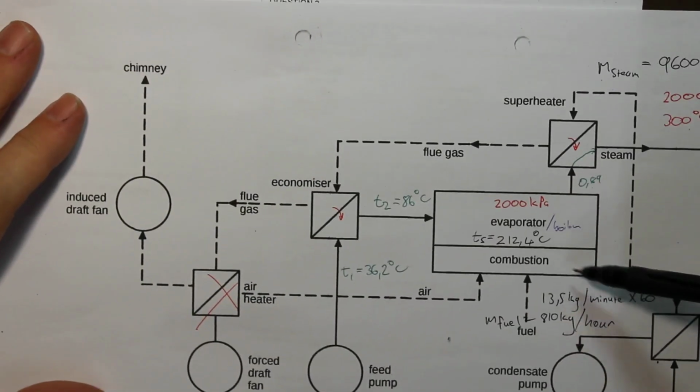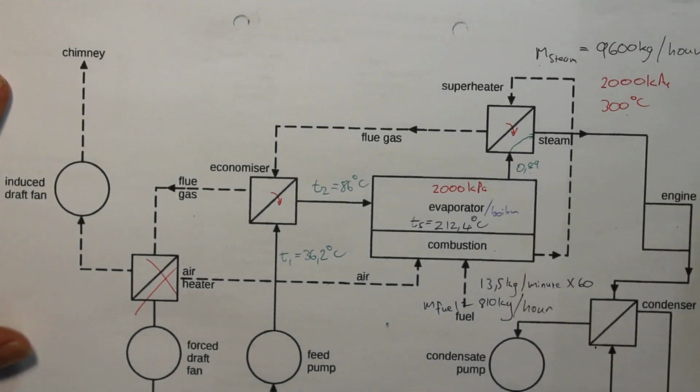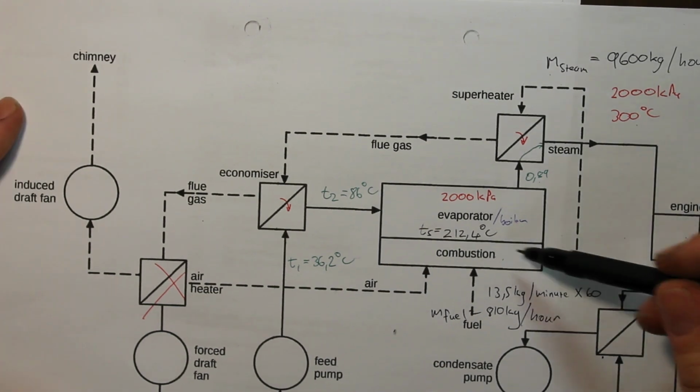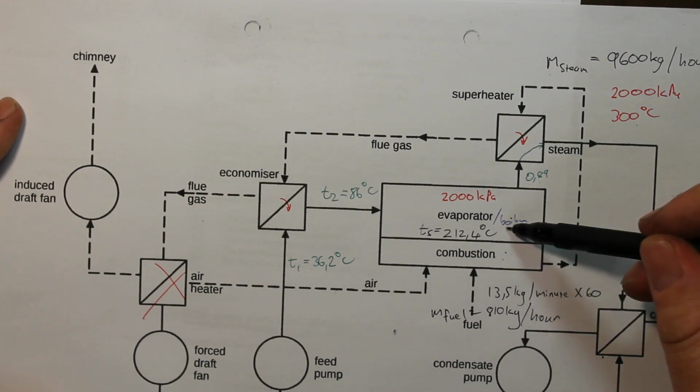All right. So now they just want us, very easy calculations, to calculate the heat transfer in the economizer. So this coal is burning here, right? And obviously when it's burning, it's putting heat into the water, okay? And not all of that heat can go into the water.